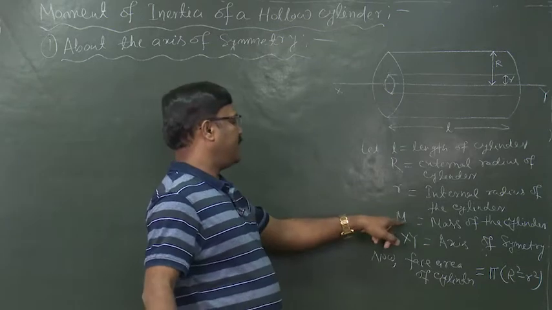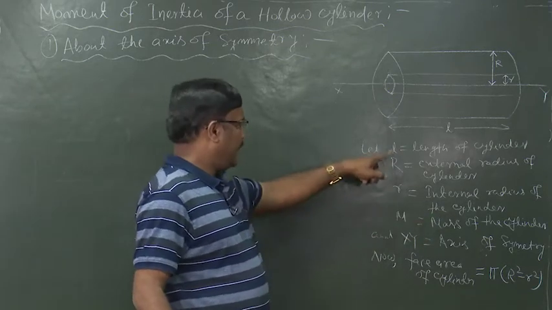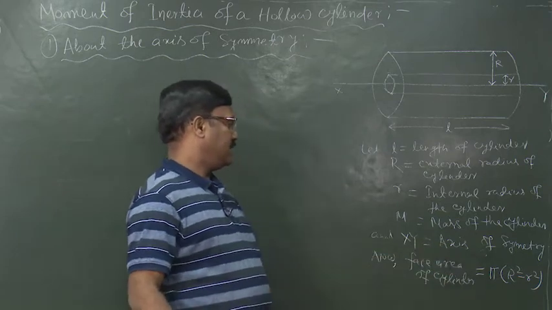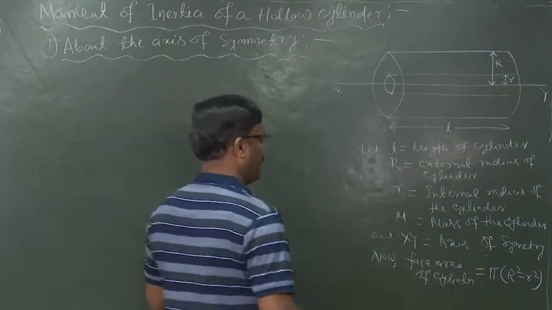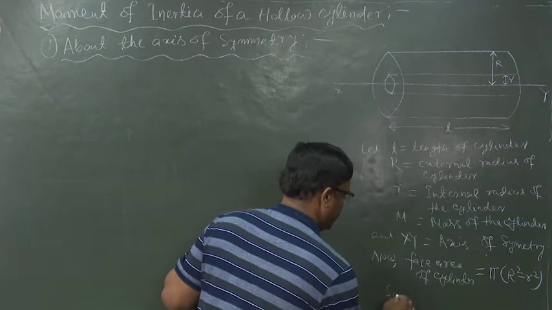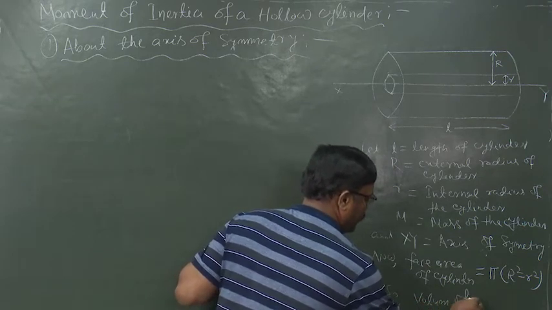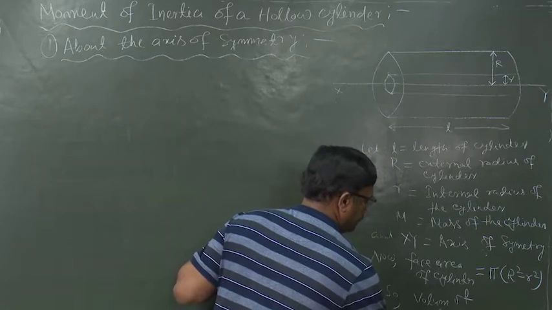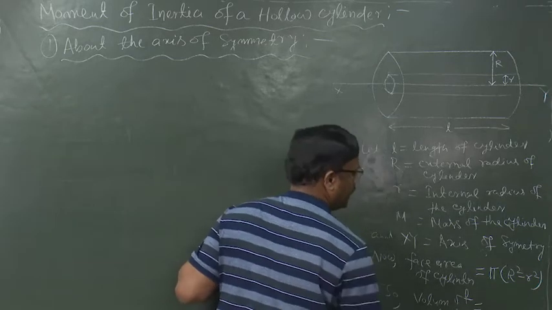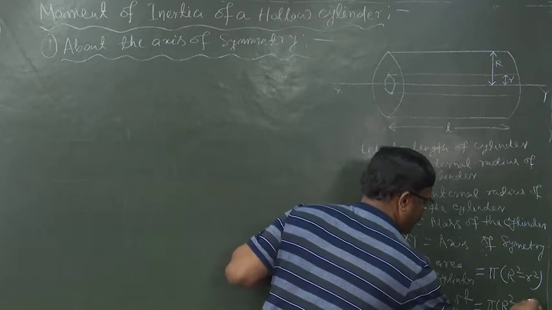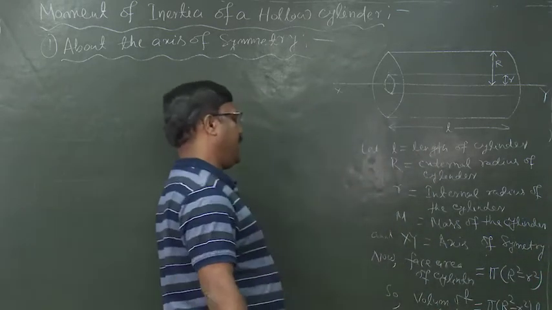And since M is the mass and L is the length, the volume of the cylinder is equal to pi times R square minus r square, into L.